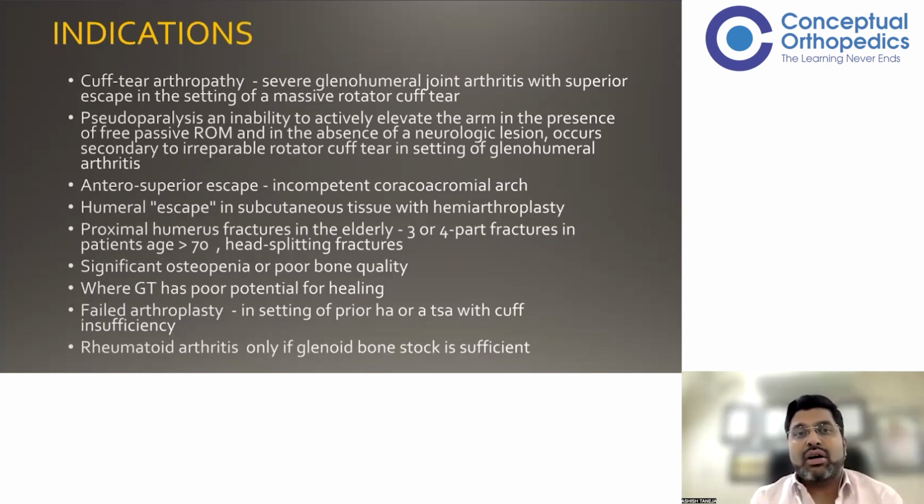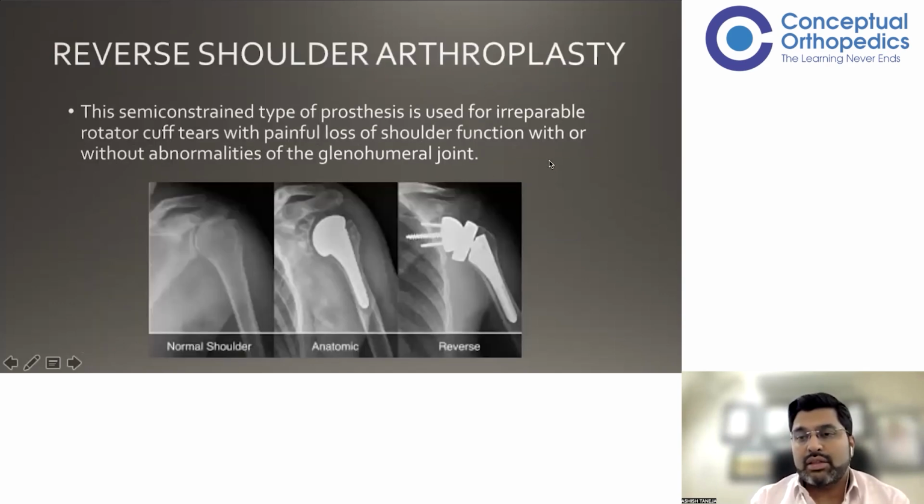Indications of a reverse shoulder will be, one, cuff tear arthropathy, in which there will be severe glenohumeral arthritis with superior escape. What do you mean by superior escape?